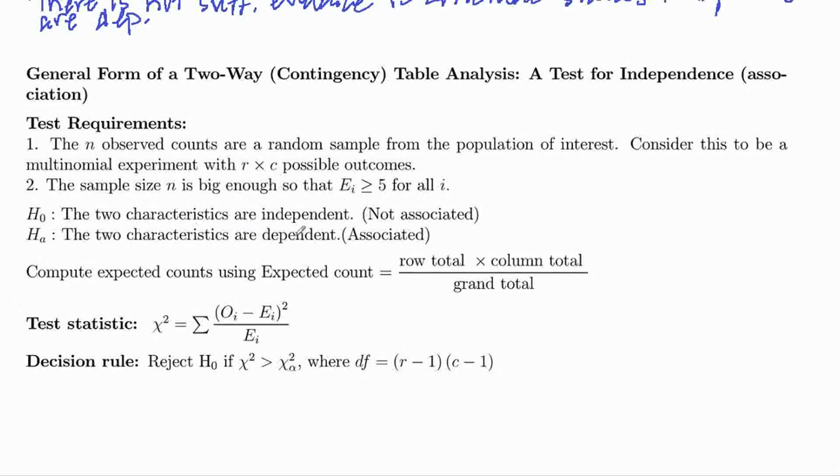Your null hypothesis is always that the characteristics are independent, your alternative that they're dependent, and your expected counts are going to be row total times column total divided by grand total. Test statistic is the same as it was for goodness of fit, observed minus expected squared over expected, sum that up, and your decision rule is the same as it was for goodness of fit. Your chi-squared test statistic has to be greater than the critical value. It is always a right-tailed test, and your degrees of freedom are rows minus 1 times columns minus 1.